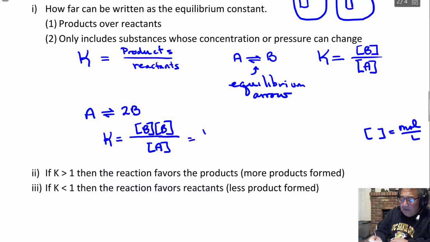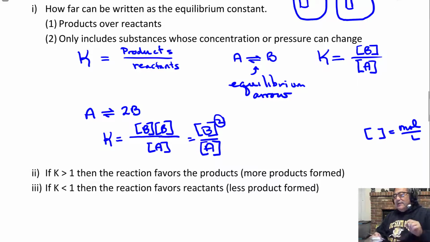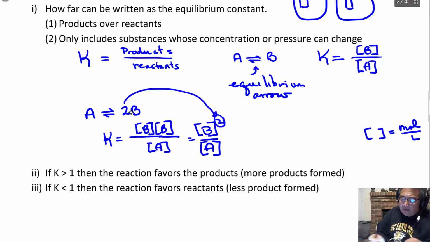This is B squared over A. So that's really where this number comes from, because it's basically saying you need 2 molecules in the product to make this reaction happen. And so this coefficient is always that number you see up there, okay?